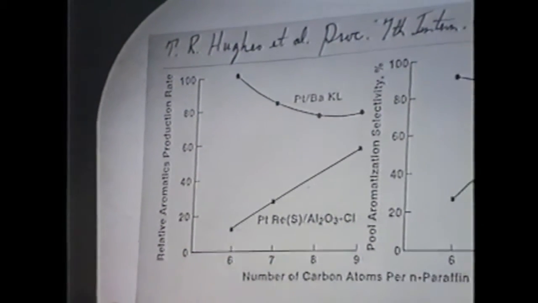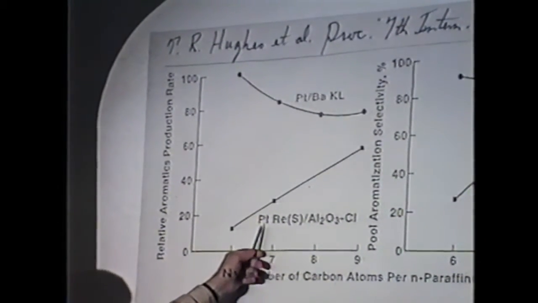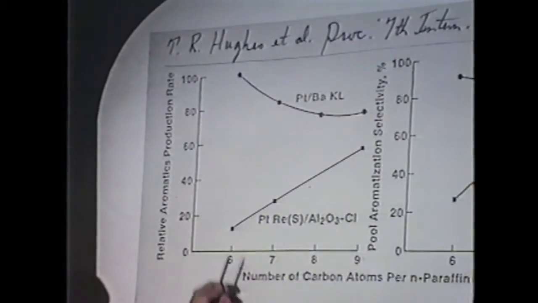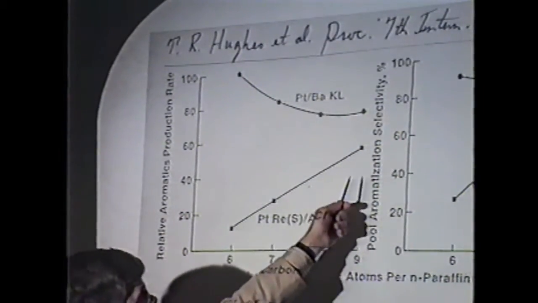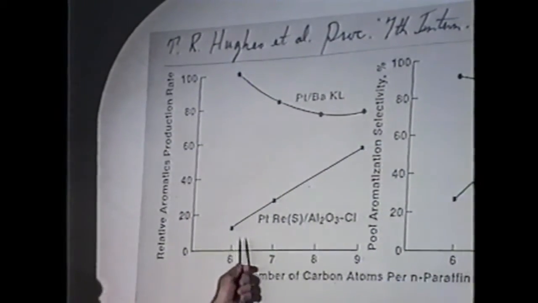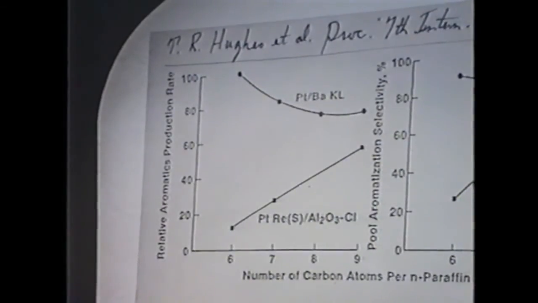This is the relative aromatic reduction as a function of carbon number. And its selectivity relative to conventional platinum rhenium sulfide treated in the proper way, one must assume, since Chevron did this, falls off as you go to higher carbon numbers. So what's really unique about it is hexane to benzene. It sort of loses its uniqueness when you go to higher hydrocarbons.